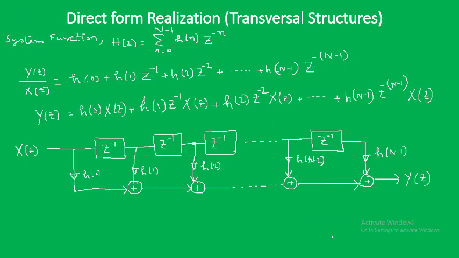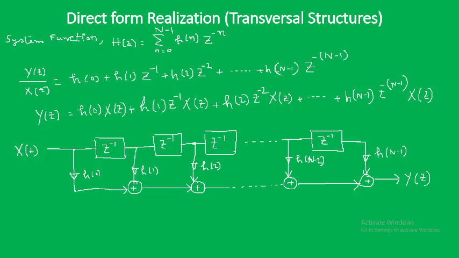Now for direct form or transversal form realization, let us consider the system function H of z, which is the summation from n equal to 0 to N minus 1 of h of n z to the power minus n. H of z is the ratio of Y of z and X of z.